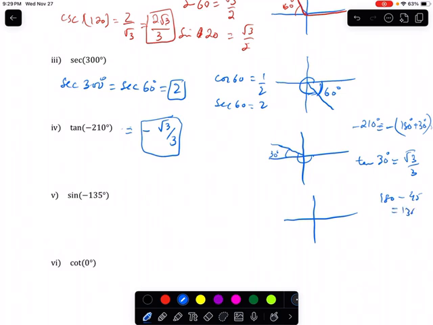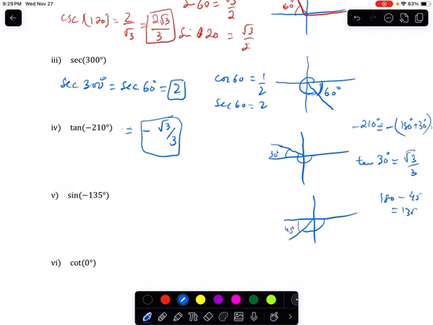Okay, so if we are going in the negative direction from here, we will arrive here, where this is 45 degrees.